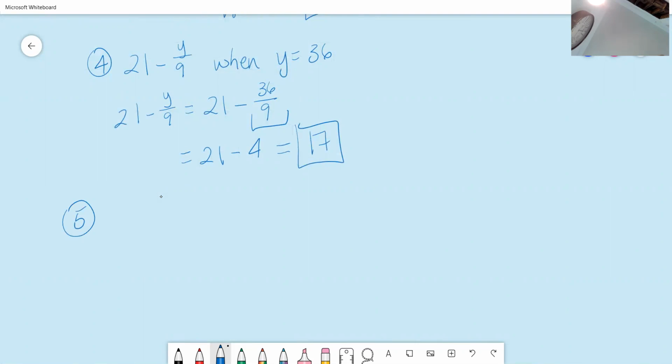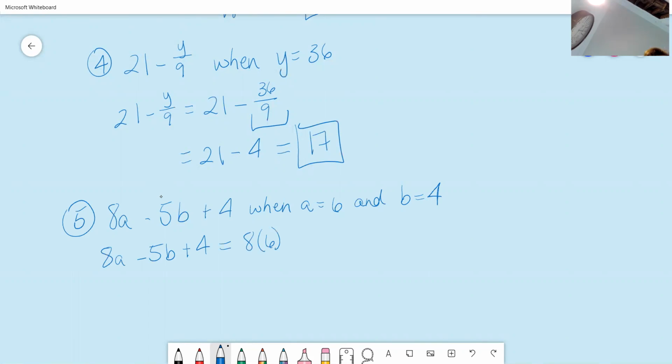All right, number 5. So number 5, we have 8a minus 5b plus 4 when a equals 6 and b equals 4. All right, so 8a minus 5b plus 4 equals 8 times 6 minus 5 times 4 plus 4.